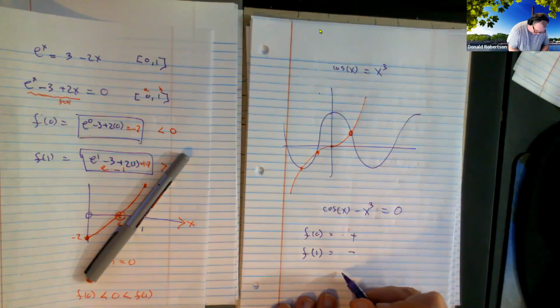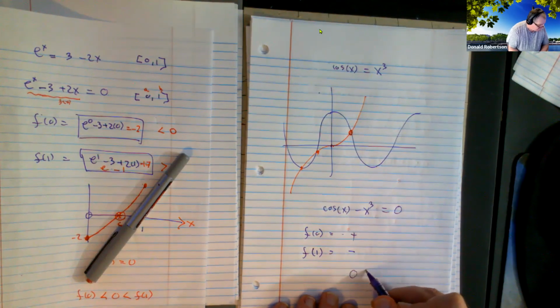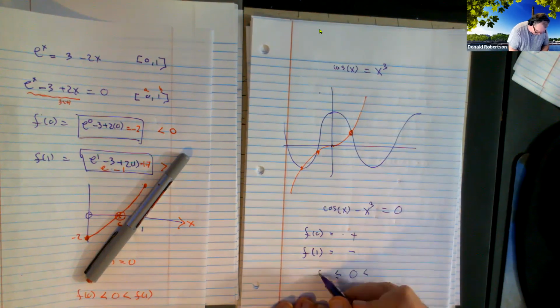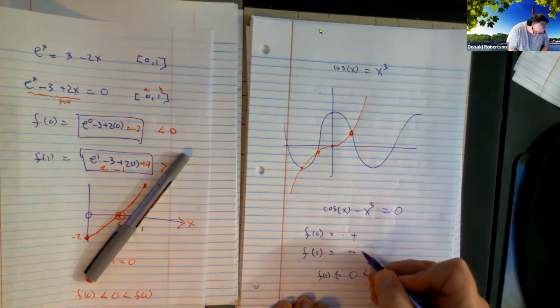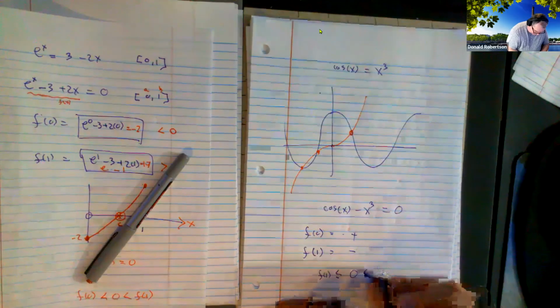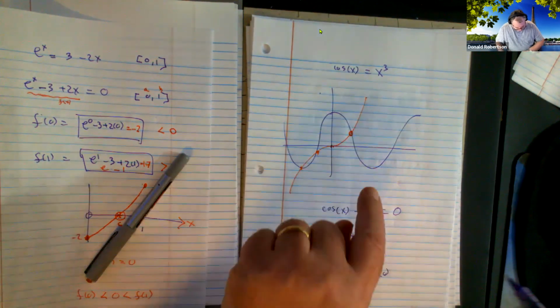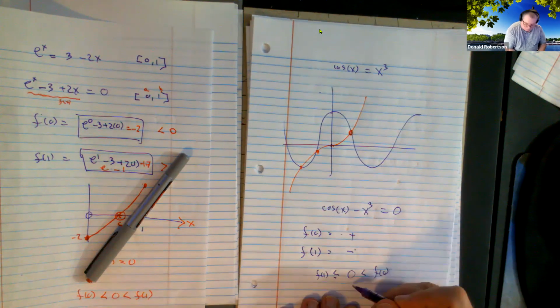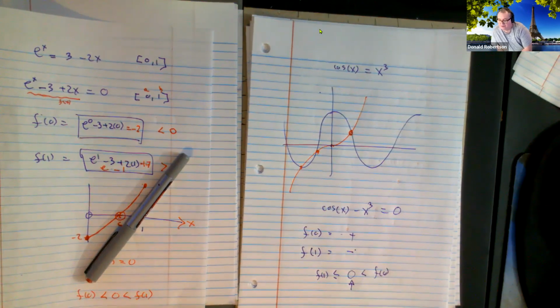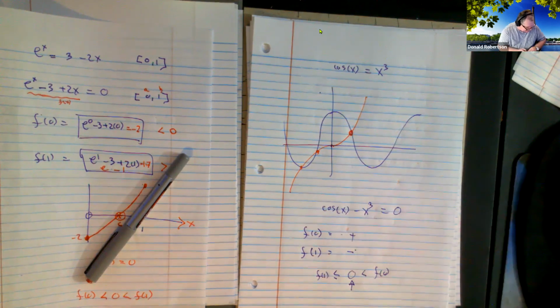In this case, I believe that one's negative, and the value of the function at 0 is positive. So because at one point it's positive and the other it's negative, doesn't that mean it has to be 0 somewhere? The intermediate value theorem tells you that. And then it asks you to find it.